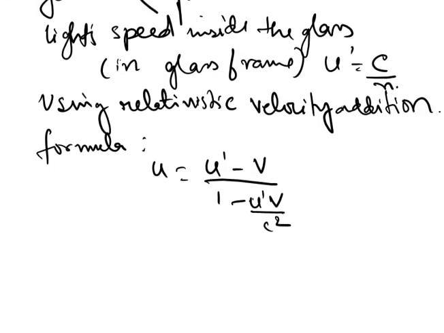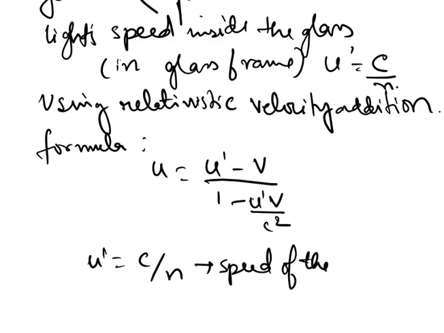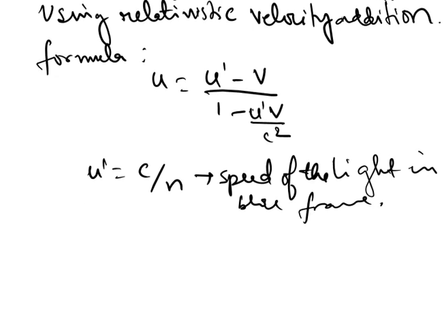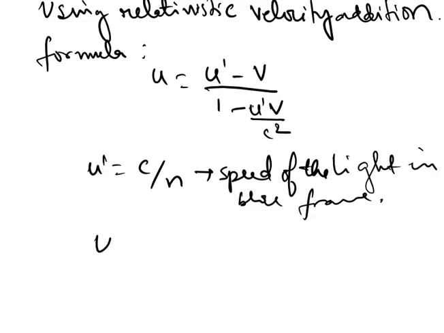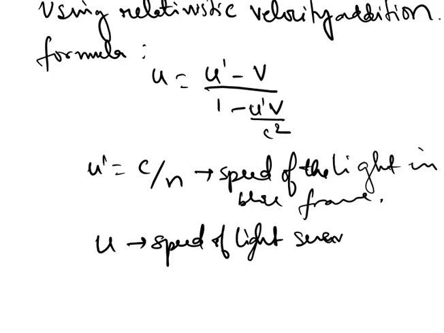Where u prime equal to c by n, the speed of the light in the block frame, and v is the speed of the block and u is the speed of the light seen from the lab.